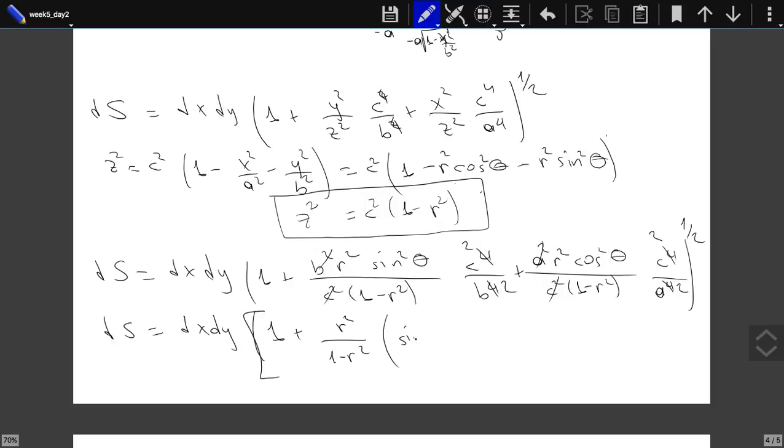Then I have sine squared theta c squared over b squared plus cosine squared theta c squared over a squared, to the power 1/2. Well, somewhat simpler, not completely maybe.